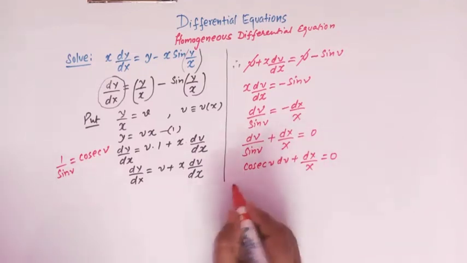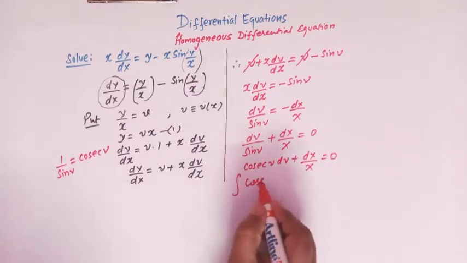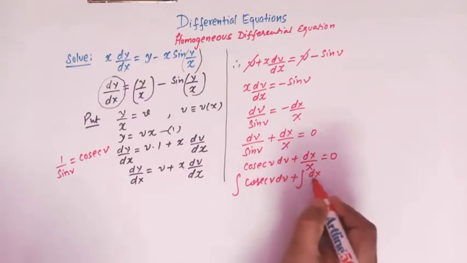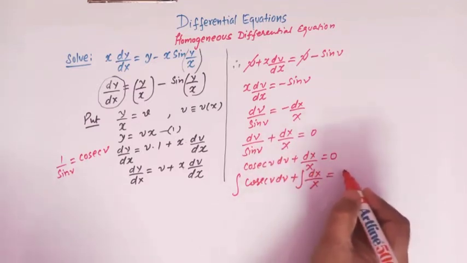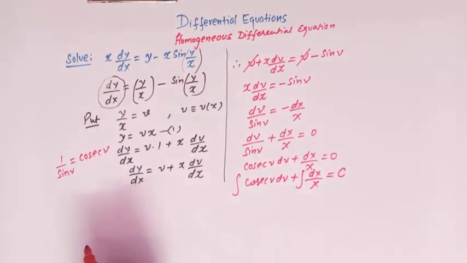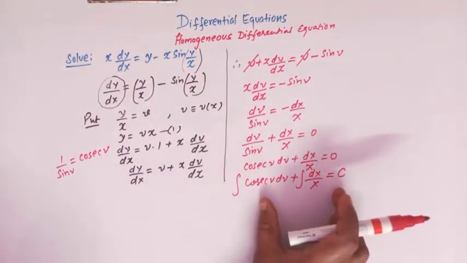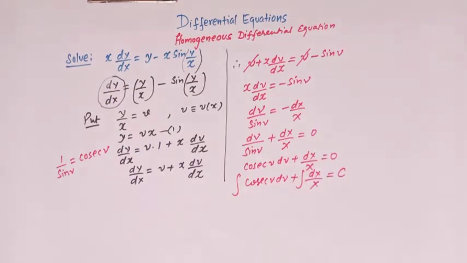Now if we integrate both sides, we have this expression, and here we have the constant of integration, where c is the constant of integration.